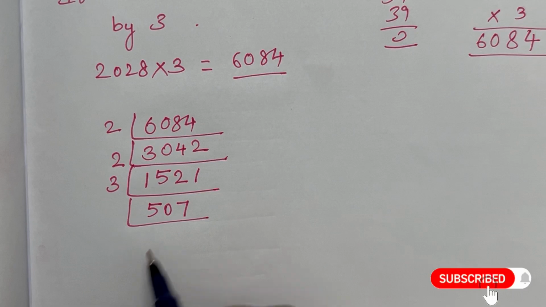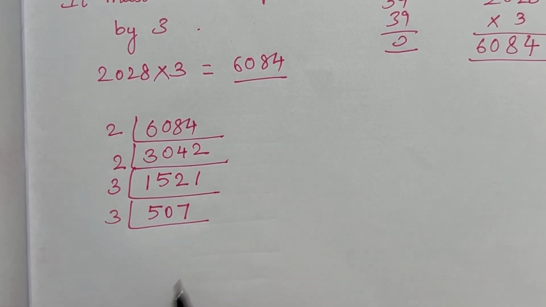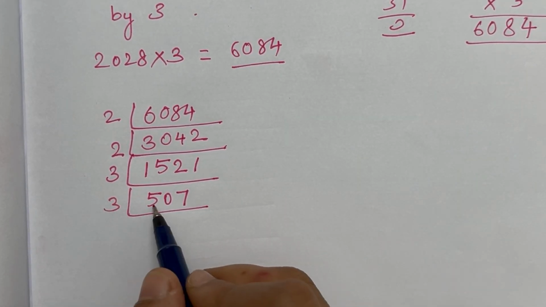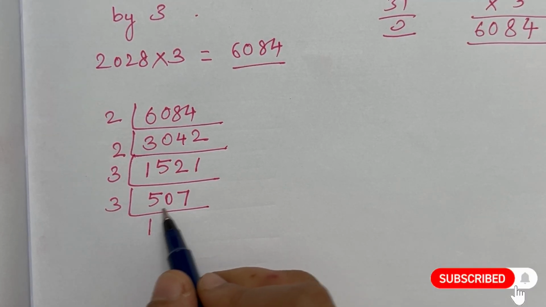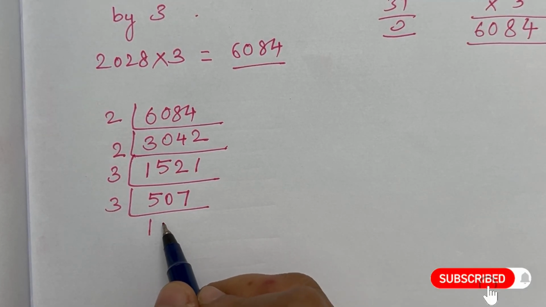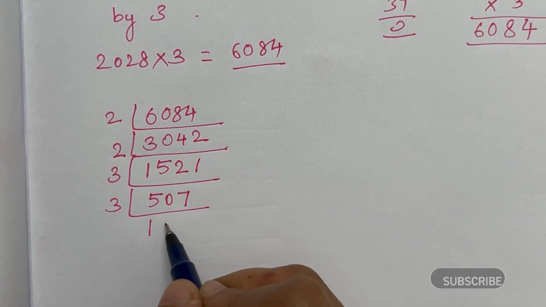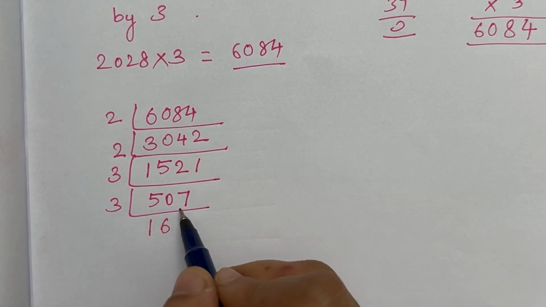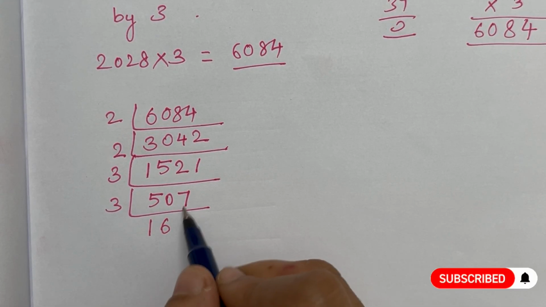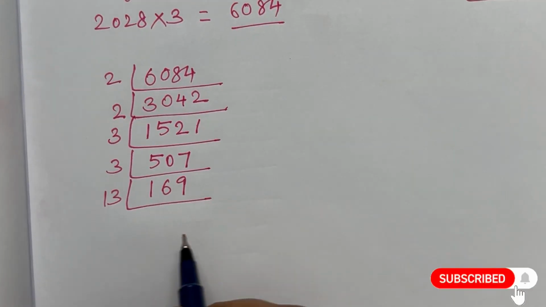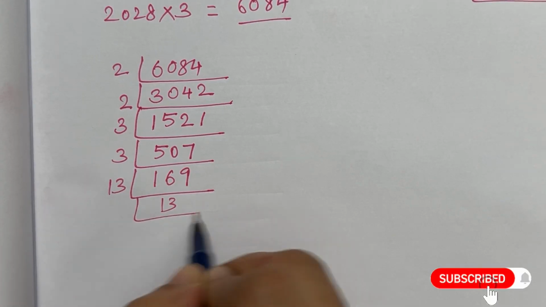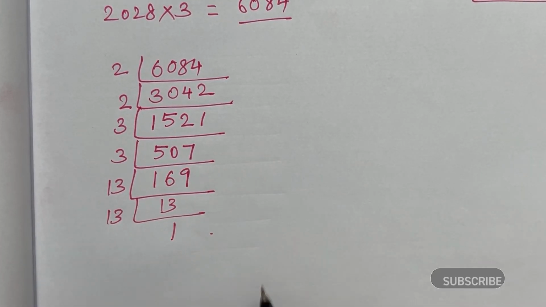Okay, so again this is divisible by 3, so 3 will go 1 time, 2 left, 20 will not come, 18 comes 6 times, 2 left, 27 will go 9 times. Again this is divisible by 13.